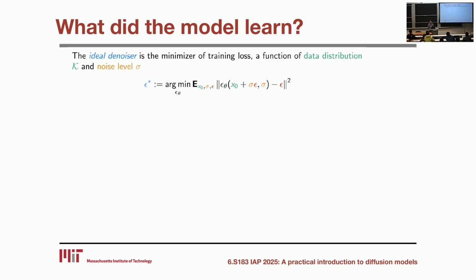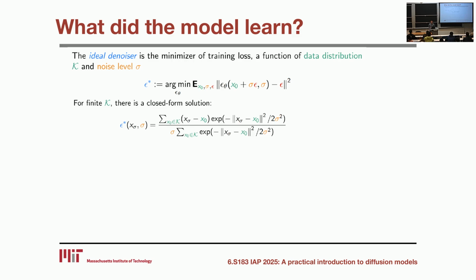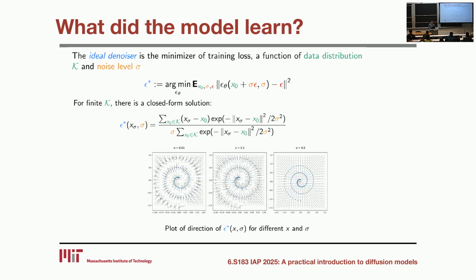So I'll briefly go through this notion of the ideal denoiser, which is a denoiser that you can derive by essentially doing a deconvolution, using some Bayes' law and other calculations. You're able to basically write down a closed form solution of this denoiser, which looks like this, given a finite data set.